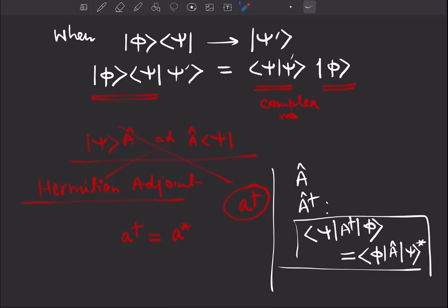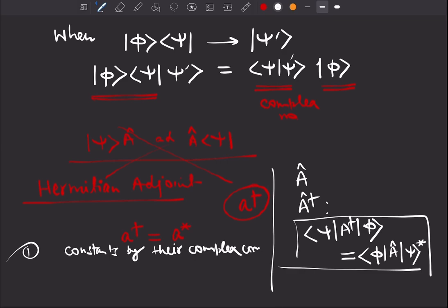First, replace constants by their complex conjugates.